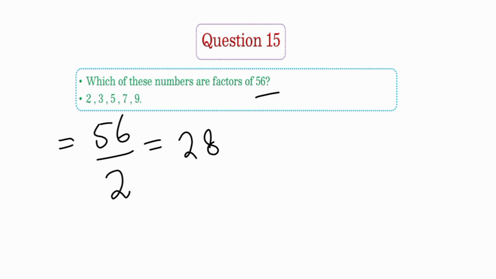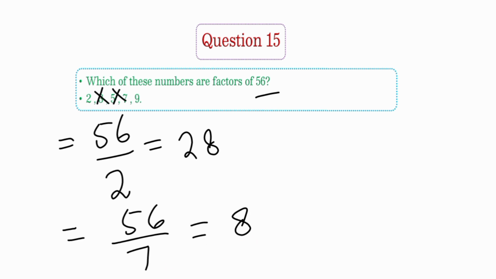So it means 3 is not a factor of 56. Similarly, if we divide 56 by 5, we get our answer as a decimal number, so it is not a factor of 56. 7, if we divide 56 by 7, we know that 56 by 7 is equal to 8. 7 times 8 gives us 56.